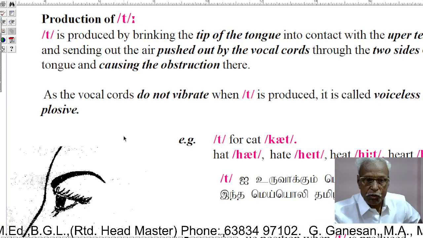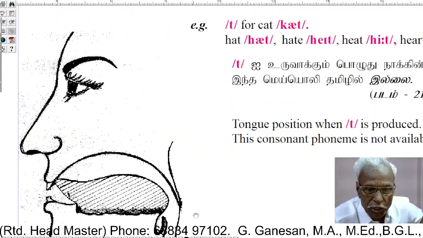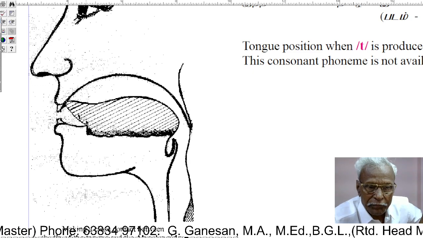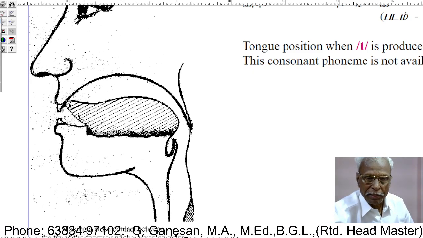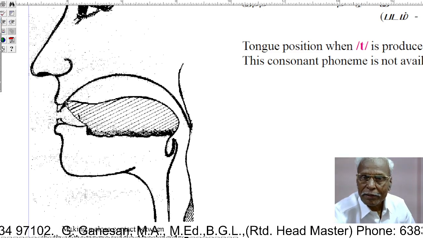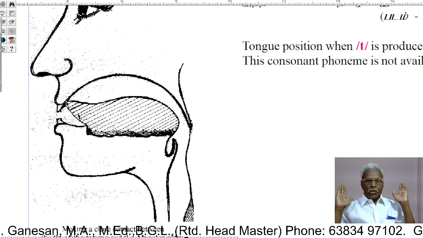That's all. You see? See the picture. The tip of the tongue is brought into contact with the upper teeth ridge and it is sounded.